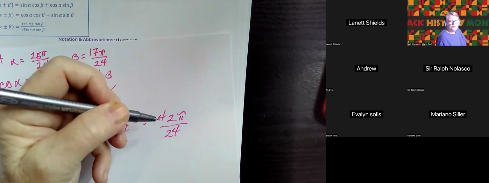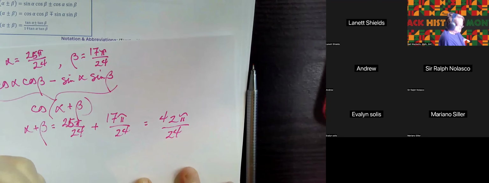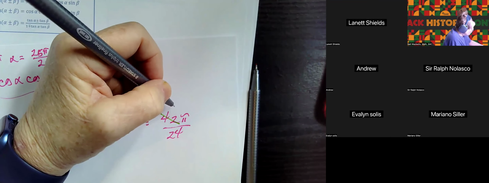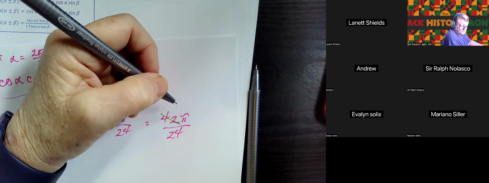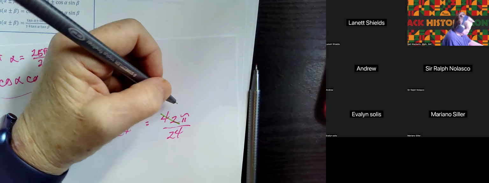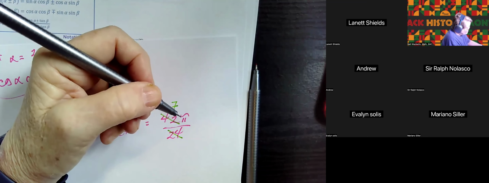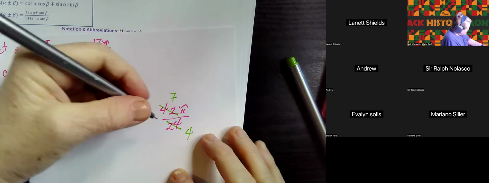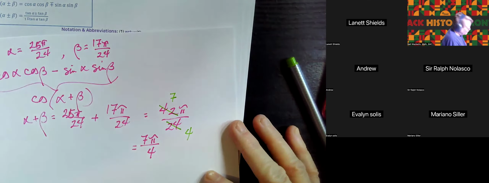Does 6 go into both? Yes. 6 goes into 42. How many times? 7 times. Good. And 6 goes into 24 4 times. Beautiful. So now alpha plus beta is just 7 pi over 4.